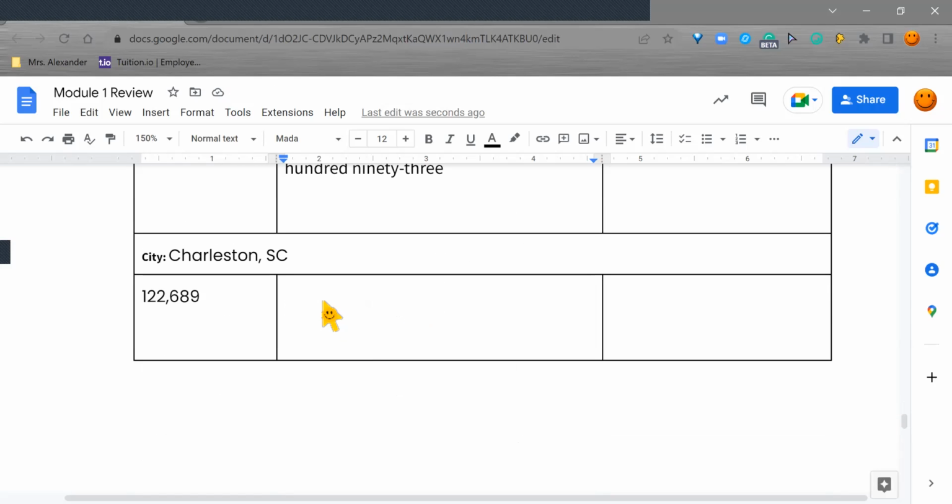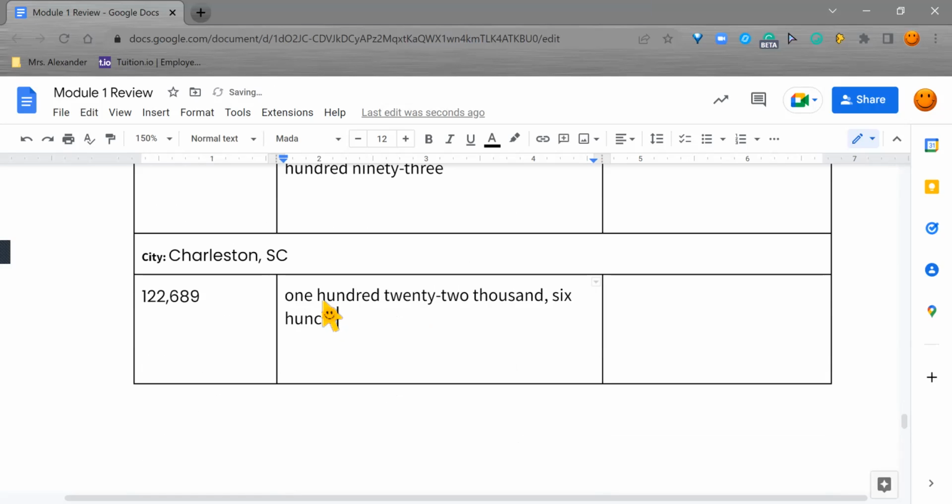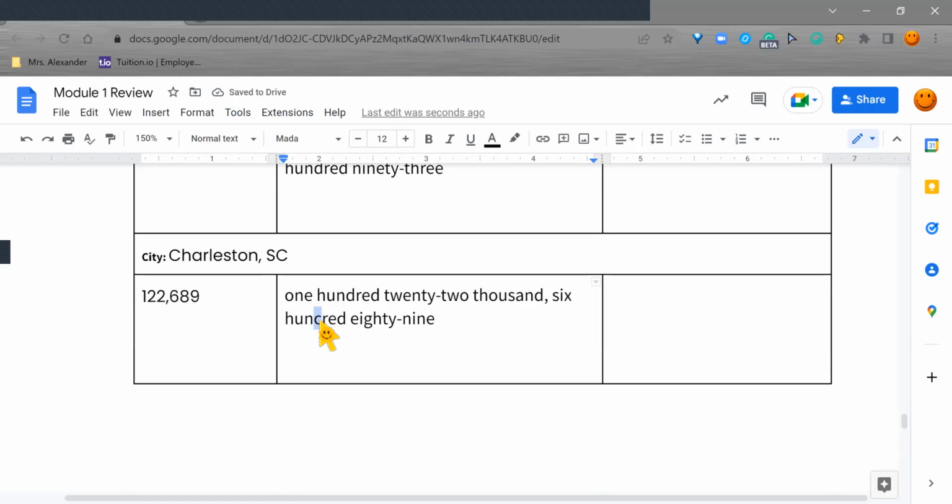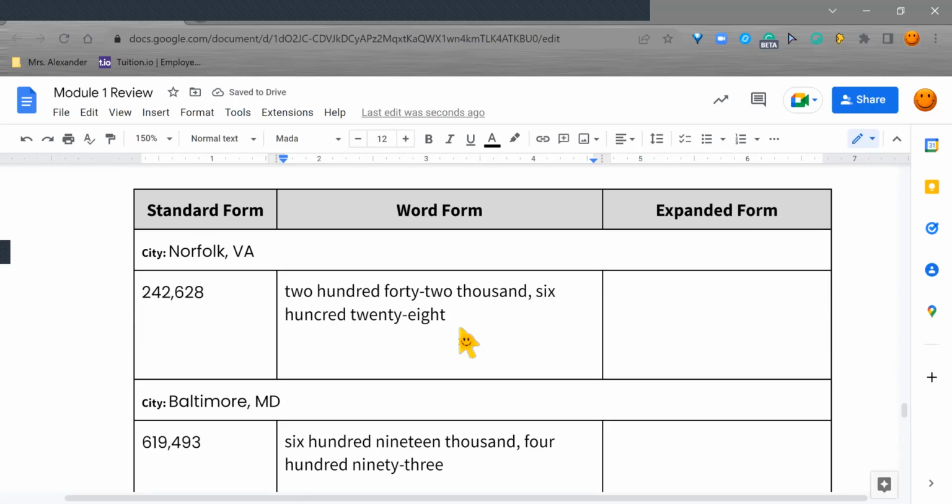That is how you write it, you guys. So now we have 122,689. Now that we've written word form, it is now time to do an expanded form.